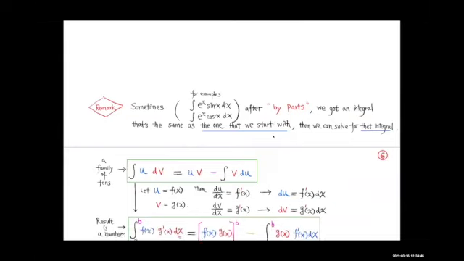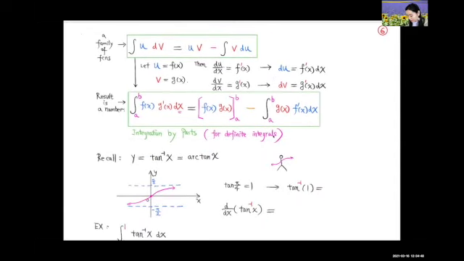Now, for this integration by parts, there's another way to write this formula. If I let u be f of x, v be g of x, then du/dx is f prime of x. Both of them represent the derivative of u with respect to x.